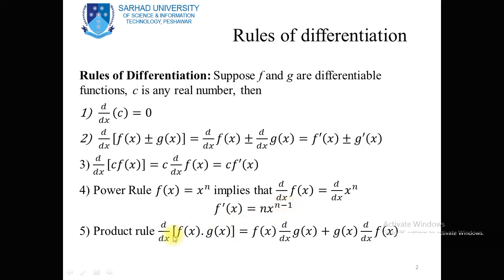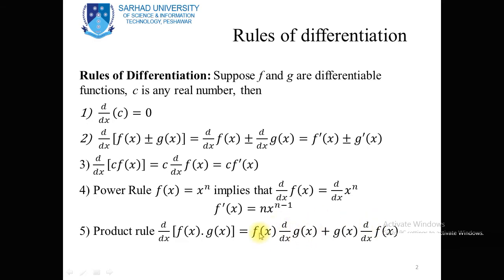Now rule number 5, the derivative of the product of two functions f and g will be equal to the first function into the derivative of the second function with respect to x plus the second function into the derivative of the first function.